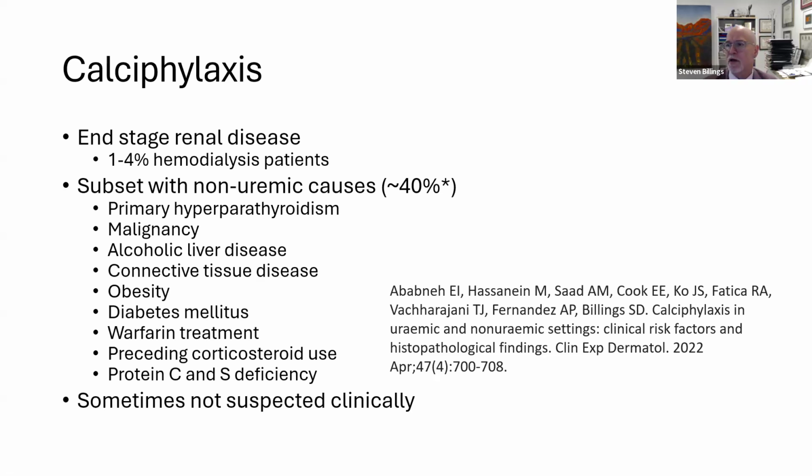Other underlying disease associations included hyperparathyroidism, malignancy, alcoholic liver disease, obesity, diabetes, warfarin treatment, protein C and S deficiency, etc. So sometimes it's not suspected clinically because the patients don't have end-stage renal disease.